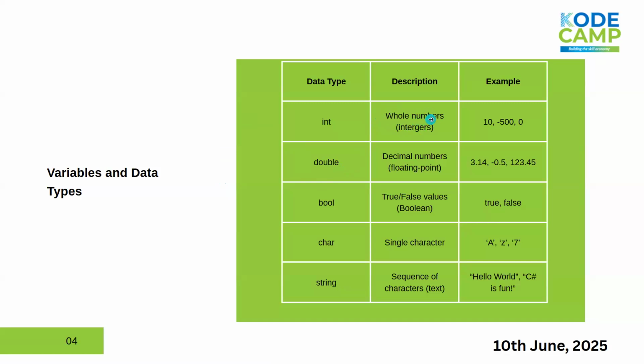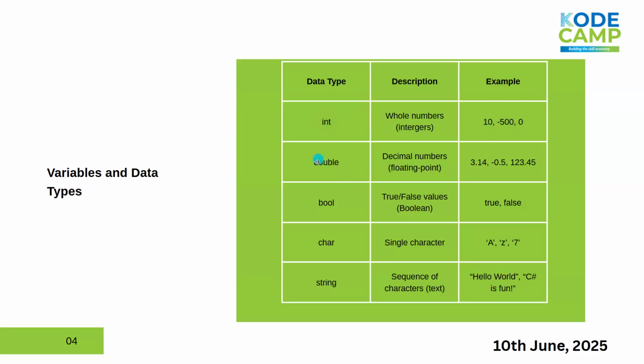So if it is a number, we use int. And the description for int is that it stores only whole numbers, meaning 10, 20, 30. But when we have decimals like 10.5 or 4.8, it's not advisable to use int to store those values because there is another data type that does that. Are we good?